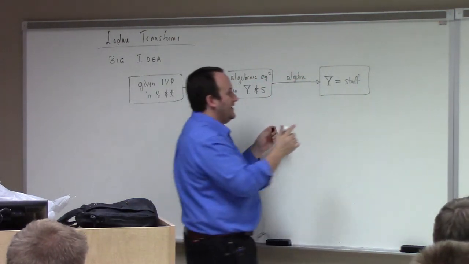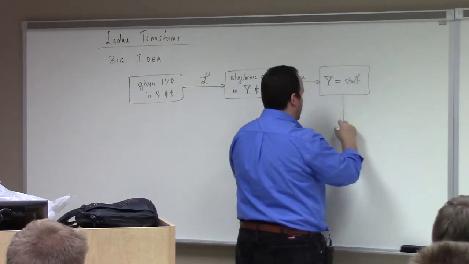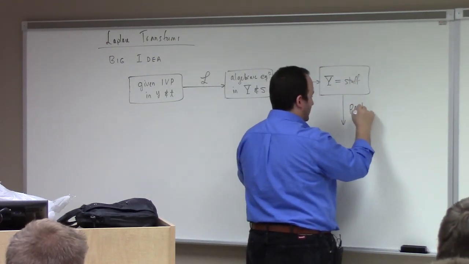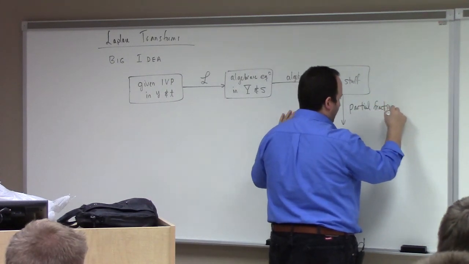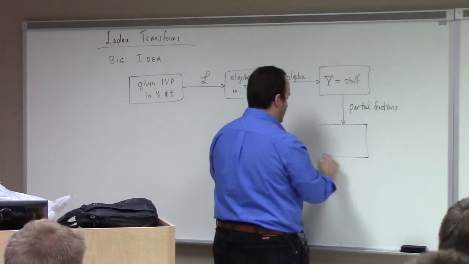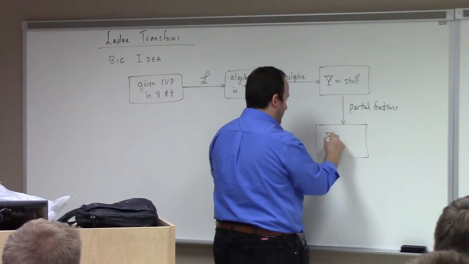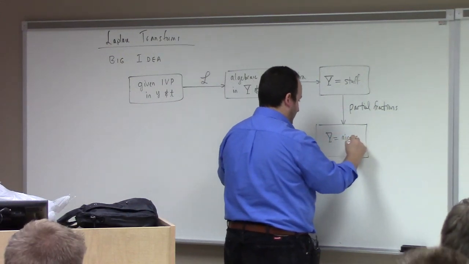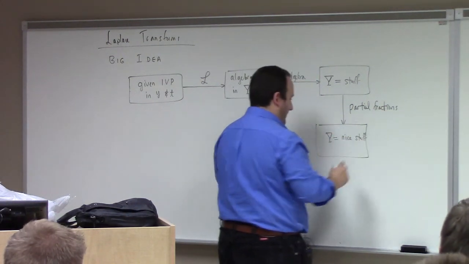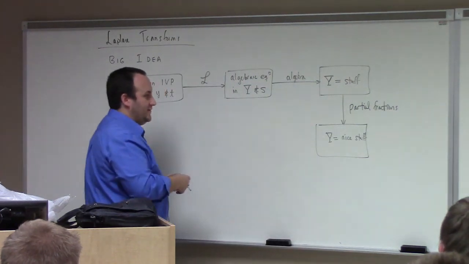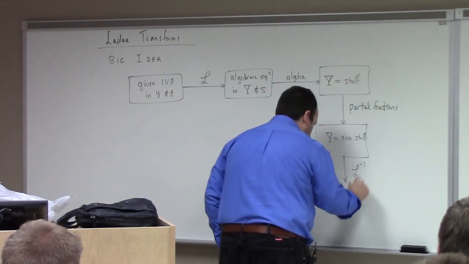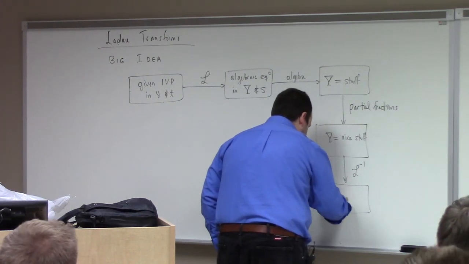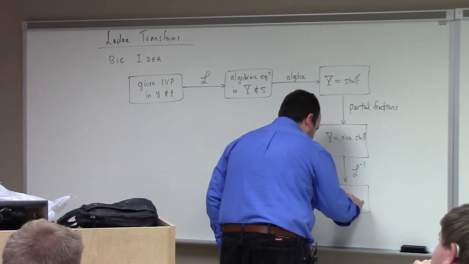So then the next thing you do is partial fractions, and partial fractions basically gives you Y equals nice stuff. Nice stuff is stuff that you can take the inverse Laplace transform of, and that gets us back to Y equals the answer.